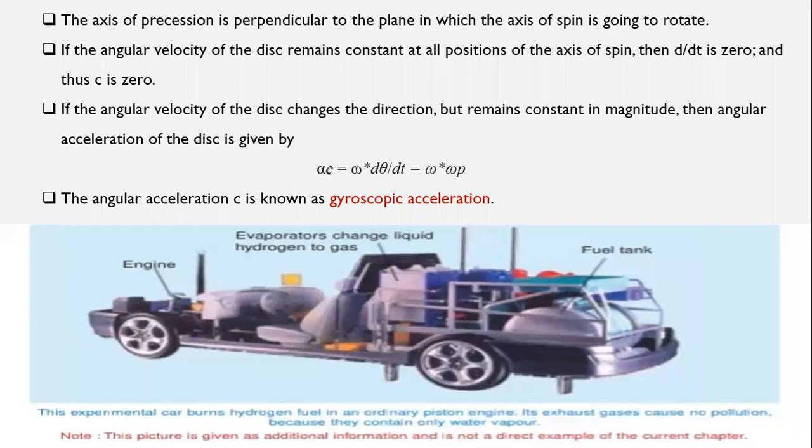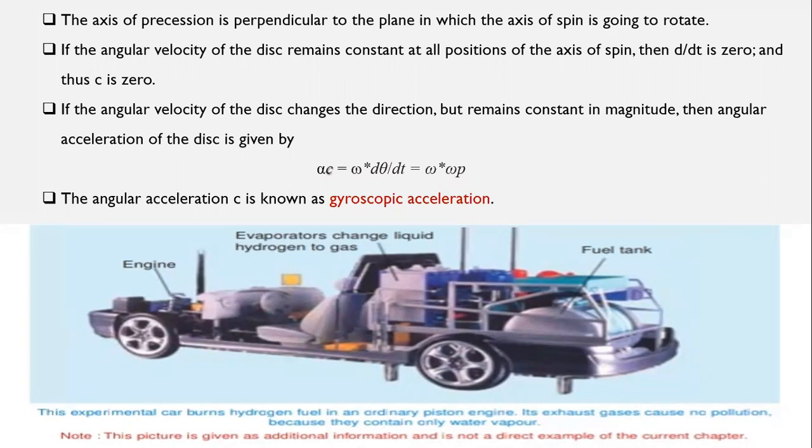Here we are taking hydrogen as the fuel in the fuel tank. From hydrogen fuel we cannot cause any pollution, so no pollution is caused by hydrogen cars.